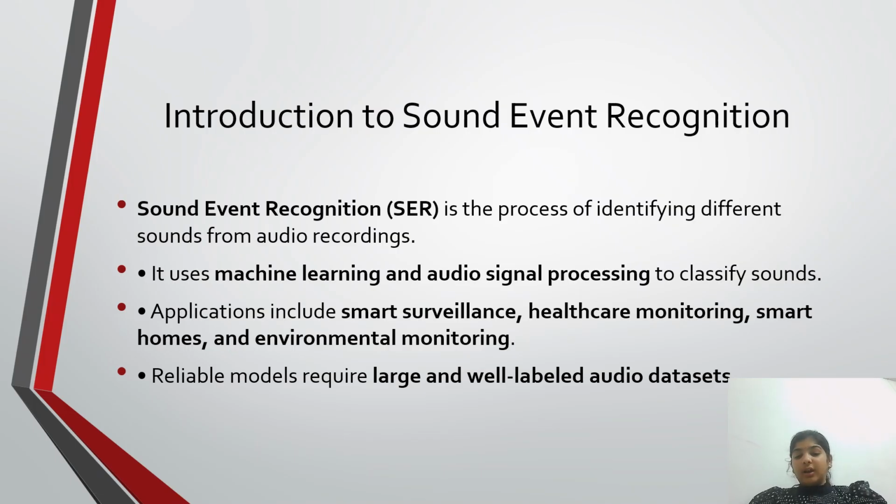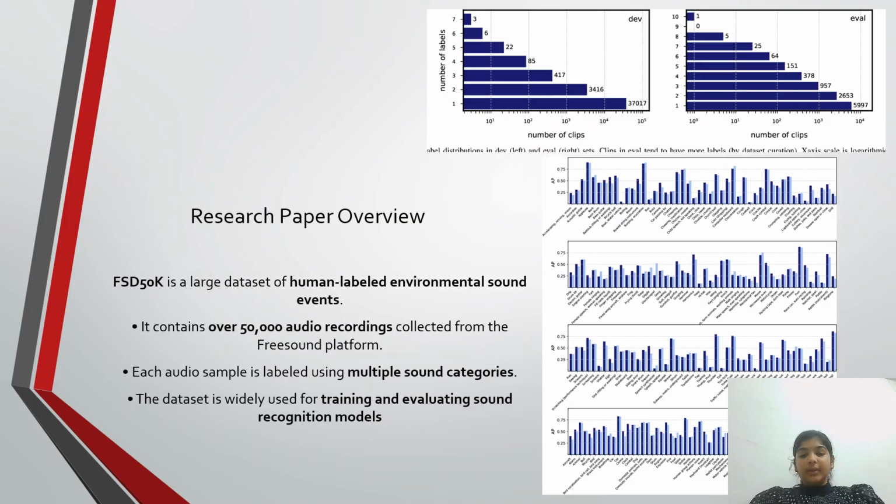Now, what is the research paper overview? The research paper we studied introduces the large dataset FSD50K. This dataset contains more than 50,000 labeled audio recordings collected from the collaborative sound platform Freesound.